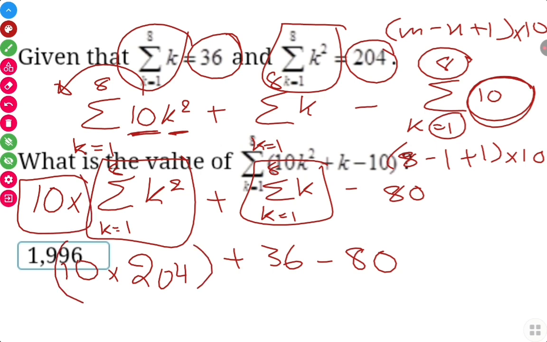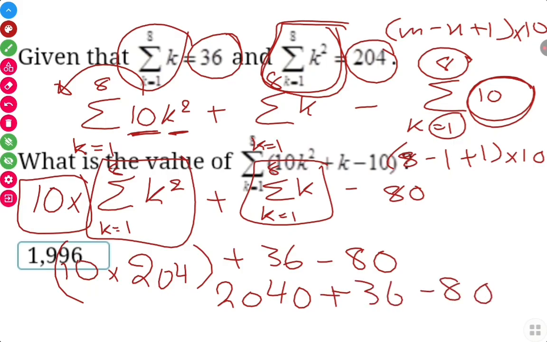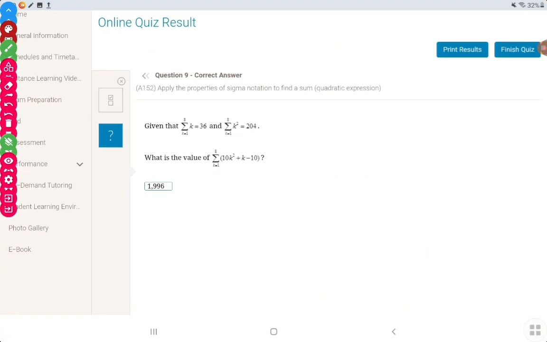So 10 times 204, 10 times sigma k squared is equal to 2040 plus 36 minus 80. Put it into calculator, you get 1996. And that's it for 6.1.